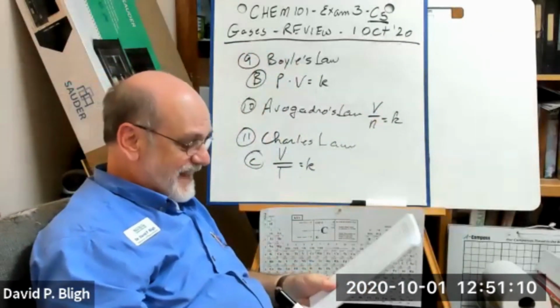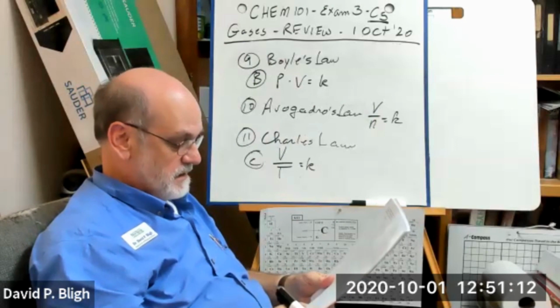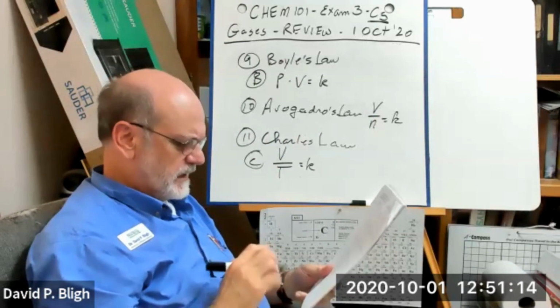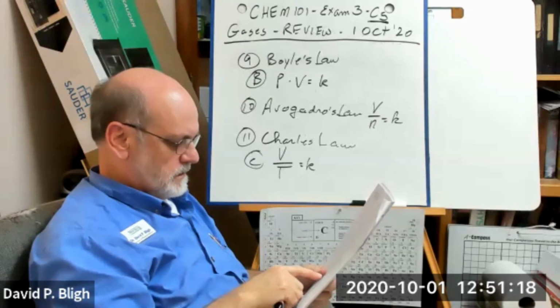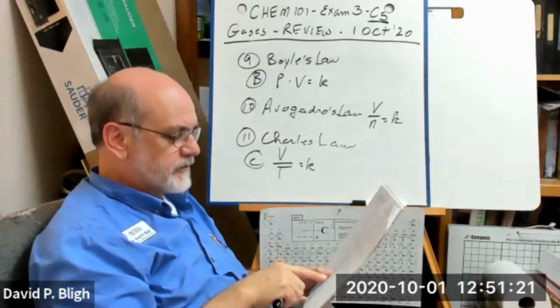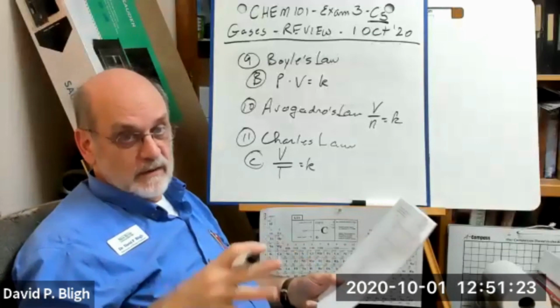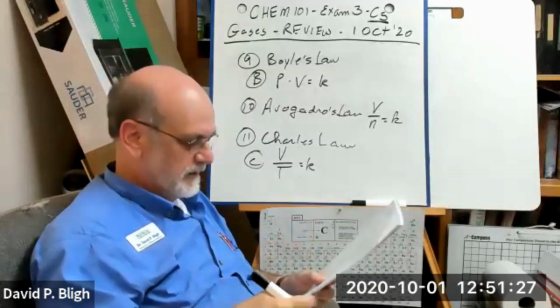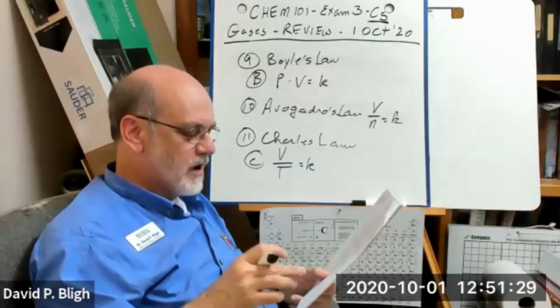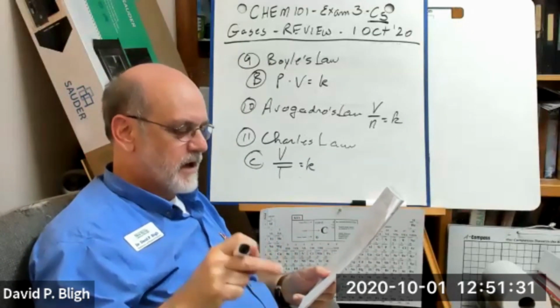So the one that fits that is, let's see, which one has volume and moles in it? Looks like A. Equal amounts of gas. When they say amounts, they mean moles. Same amount means the same number of particles. Equal amounts of gases occupy the same volume at constant temperature and pressure.